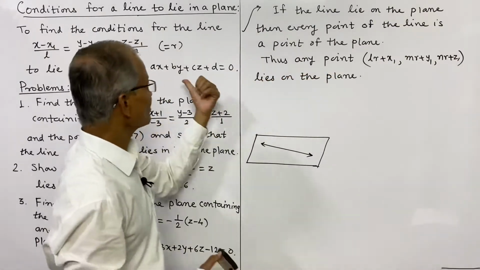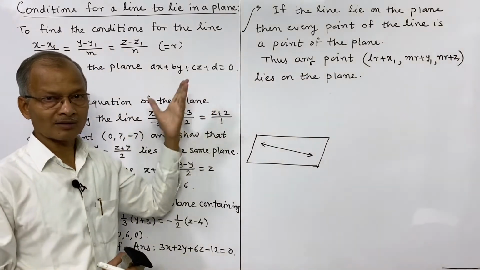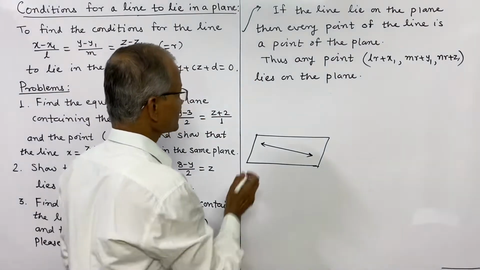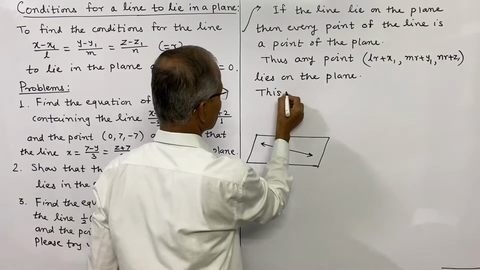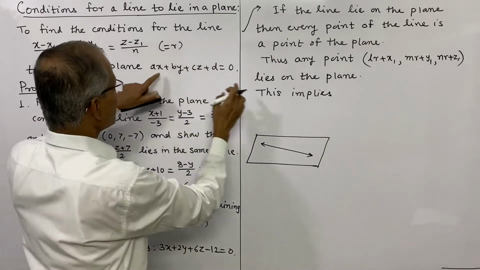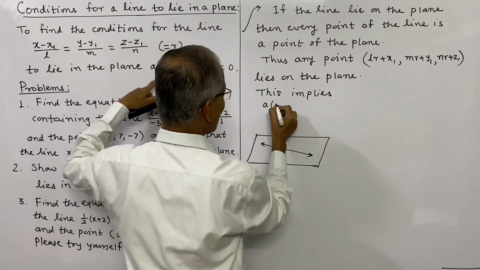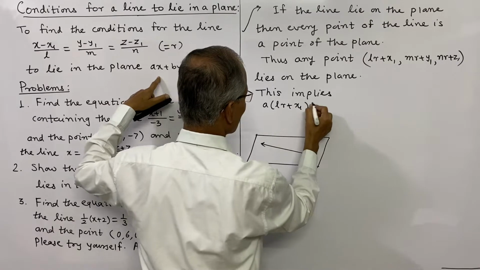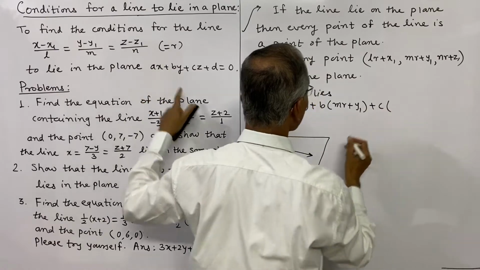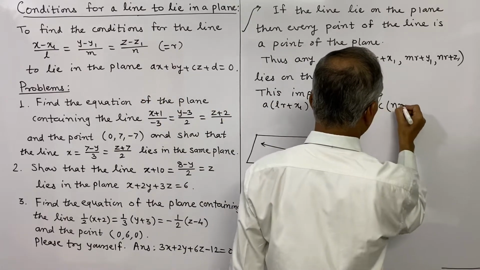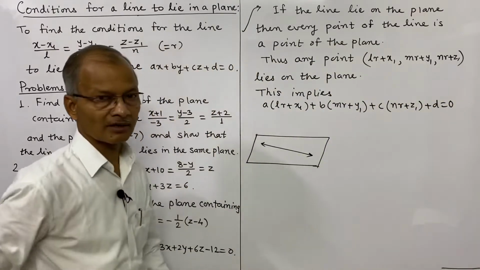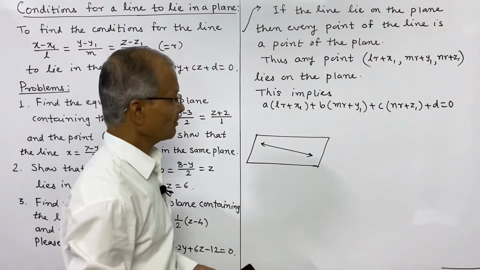Thus this point lies on the plane means what? A point lies on any surface means the point's coordinates must satisfy the equation. So this implies A into (lr plus x1) plus B into (mr plus y1) plus C into (nr plus z1) plus D is equal to 0. We put the point's coordinates in the equation of the plane.